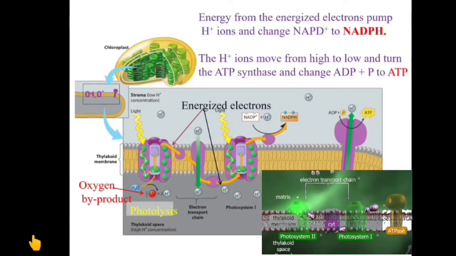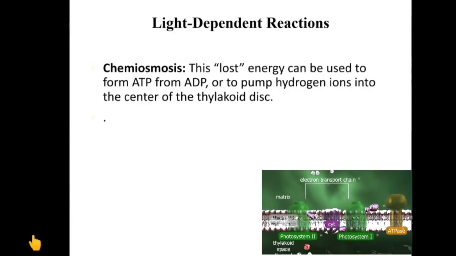Energy from the energized electrons pumps H+ ions and changes NADP+ to NADPH. The H+ ions move from high to low concentration and turn the ATP synthase, which changes ADP + P to ATP. The lost energy can be used to form ATP from ADP or to pump hydrogen ions into the center of the thylakoid disc.